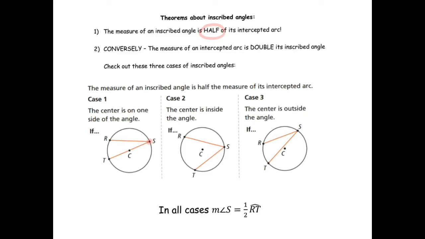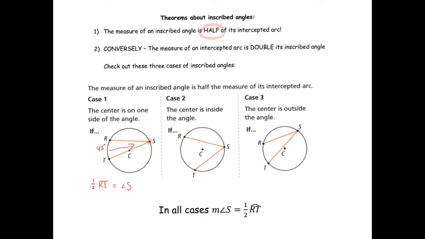So if I just made some numbers up here for you, if I said that RT was 42 degrees, then you know that this inscribed angle is going to be half of that arc. Angle S equals half of RT. So that's how inscribed angles work.